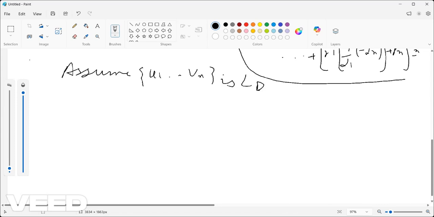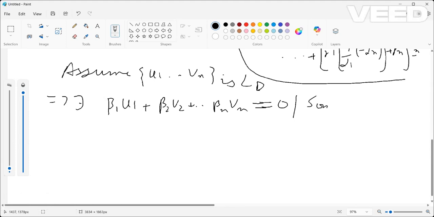This means there exists some linear combination, beta 1 u1 plus beta 2 v2 plus so on beta n vn, which adds up to 0, such that at least one beta i is not equal to 0.